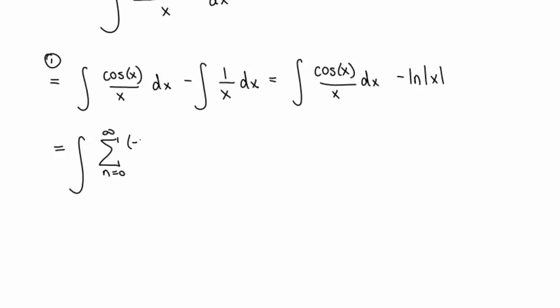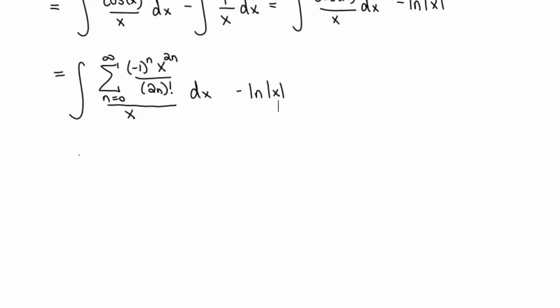And we know the cosine is an alternating series, x to the 2n over 2n factorial, and that is being divided by x, and then dx minus the natural log absolute value of x. And of course, you can simplify that. That division by x will divide into each one of those x's that are in the numerator.